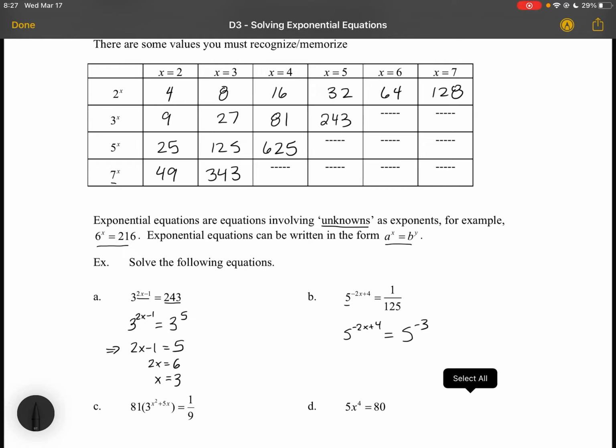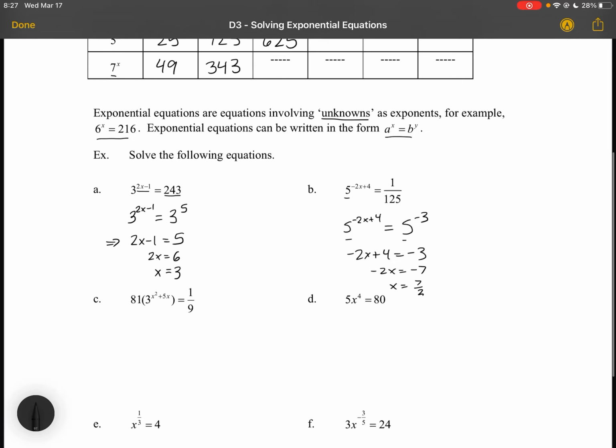Just like in example A, now my two bases are the same, which means that my exponents have to be equal. And again, I've got a linear equation that I can solve. This one gives me a fraction, which is not a big deal. I can just leave my answer as a fraction.